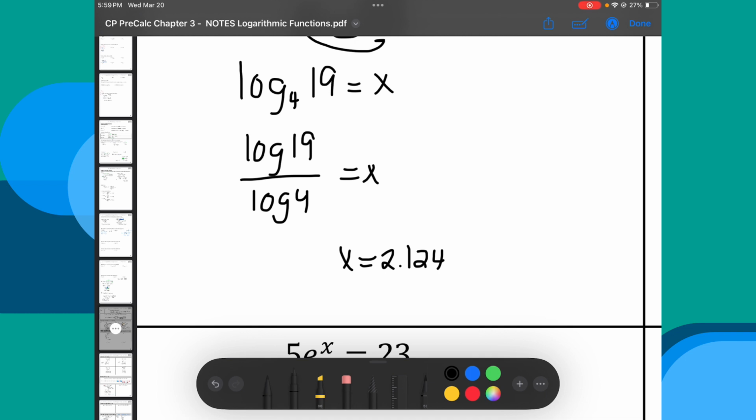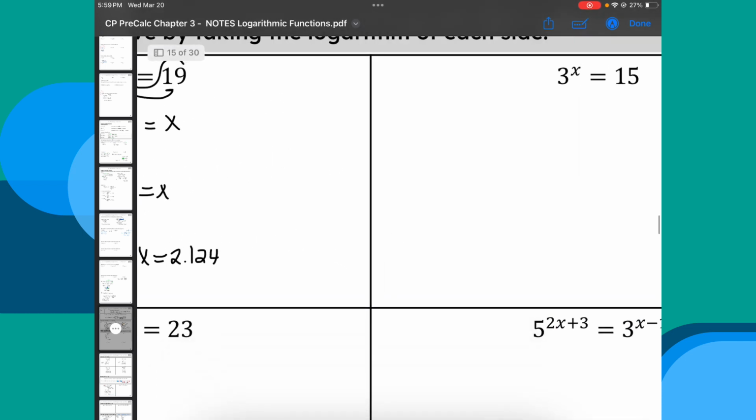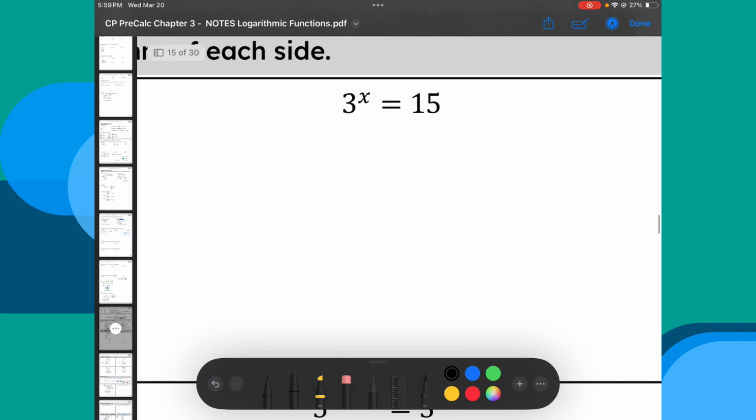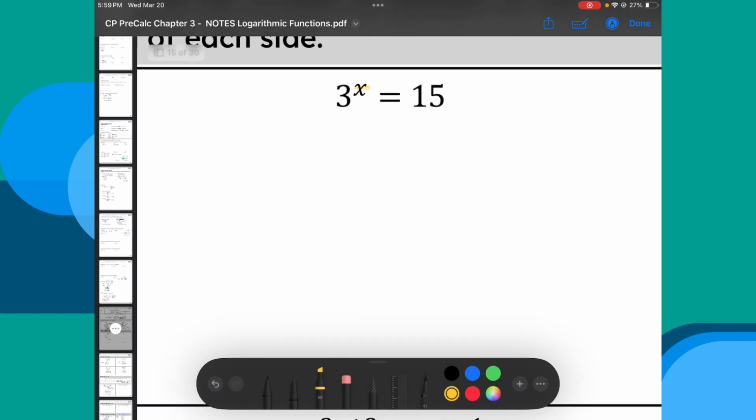I would pause and see if you can do the next 3. They increasingly get harder. So I'd pause here, try the next 3. All right, so again, we have this variable in the exponent. We can't rewrite 15 as a power of 3. So we're going to introduce our log.